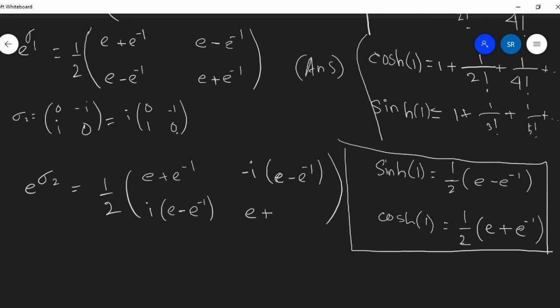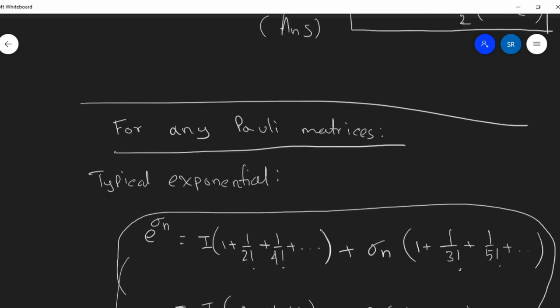So here previously I've written these parts over here that include what we should be doing in the most generalized case of Pauli matrices. Now you see, for any typical exponential of Pauli matrices, we have this formula right here.